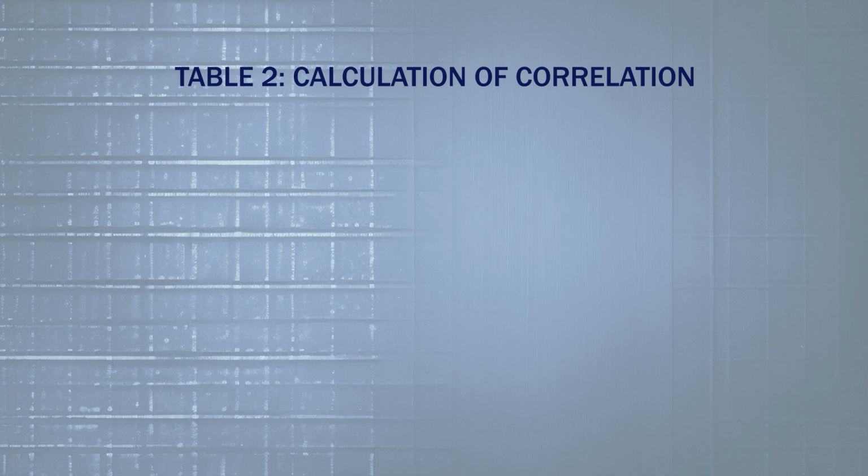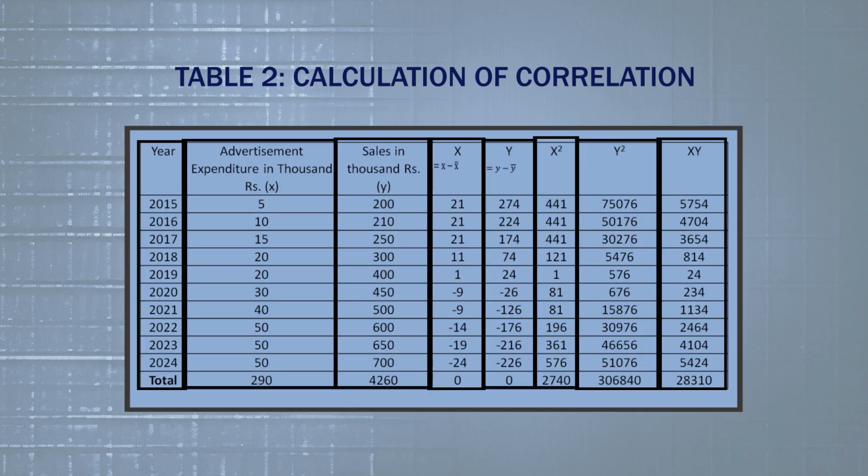Here in the first column the year is shown, in the second column the advertisement expenditure, in the third column sales in thousands, and in the fourth column x, that is x minus x bar, and then y is equal to y minus y bar. Then the next columns show the square of x and the square of y, and in the last column the multiplication of x and y is given.